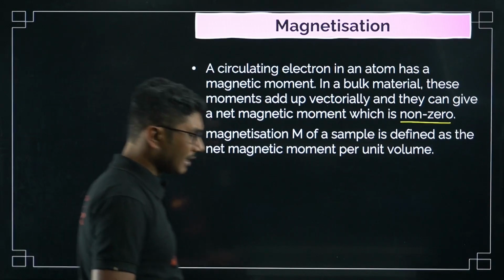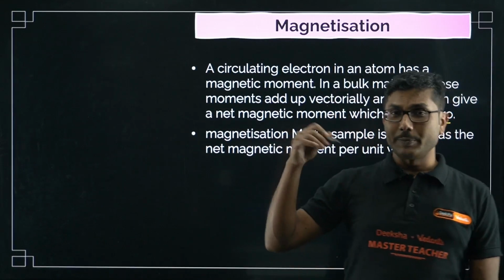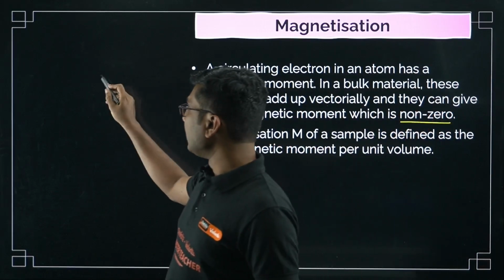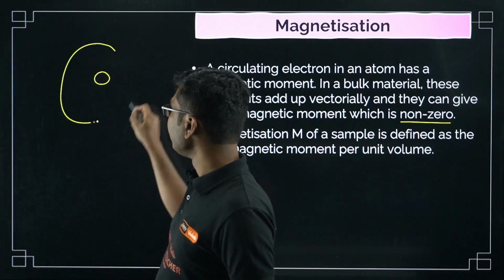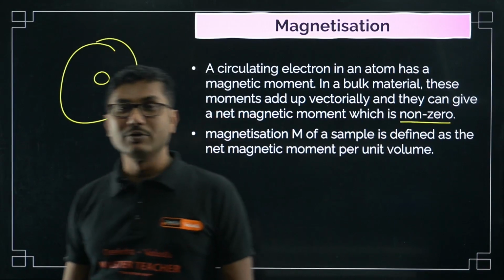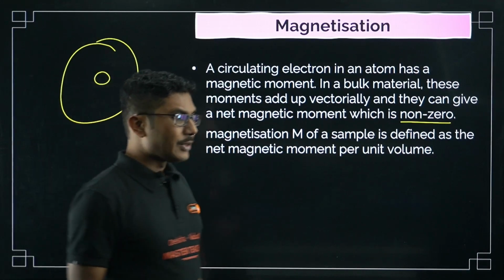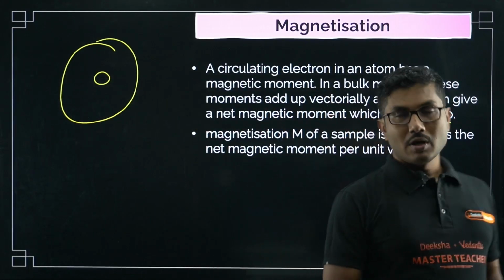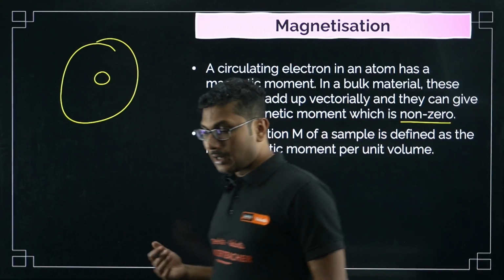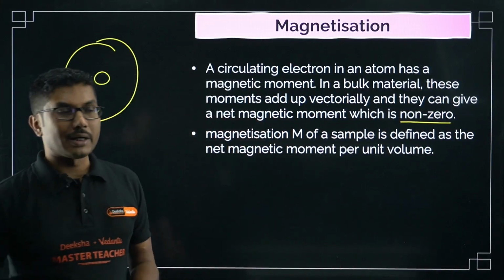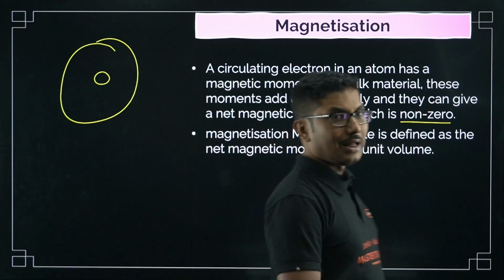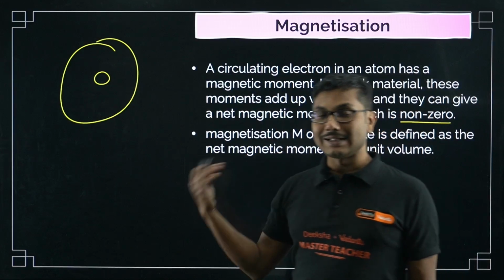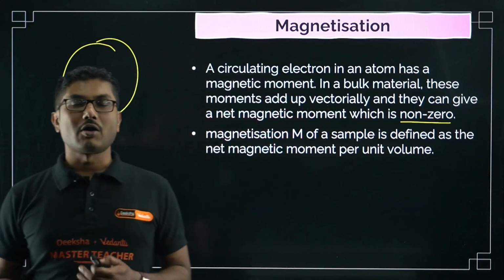It's very important. Atoms have electrons orbiting around the nucleus, and these orbiting electrons give rise to magnetism. This magnetism may be present at the atomic level, but at the bulk material level one magnetism cancels another.